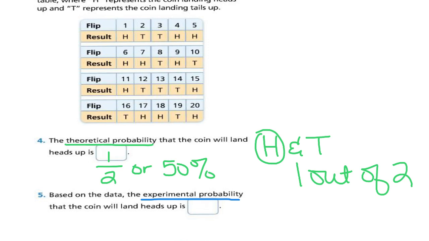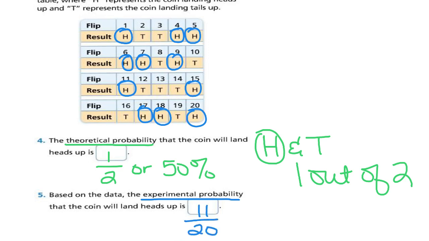So we're going to go through and count the results that are marked as H. So go through and circle and count all of your H's. After we do this, we find that we landed on heads up 11 times out of 20, or this could also be considered 55% of the time.